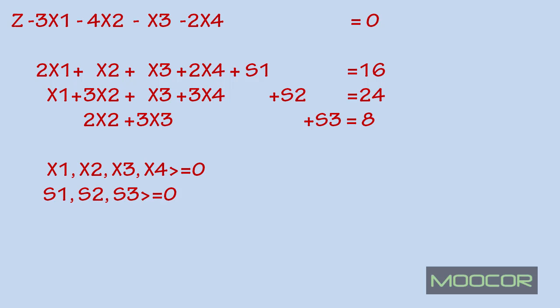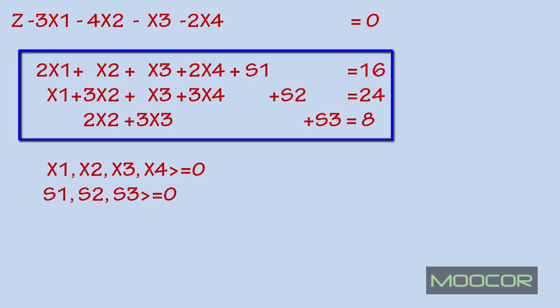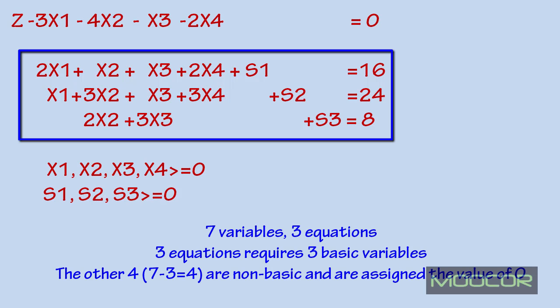The main set of equations are the 3 equations in the middle. We have 7 variables, 3 equations, and 3 equations require 3 basic variables. The other 4 variables are going to be non-basic variables, and they will be assigned the value of 0.